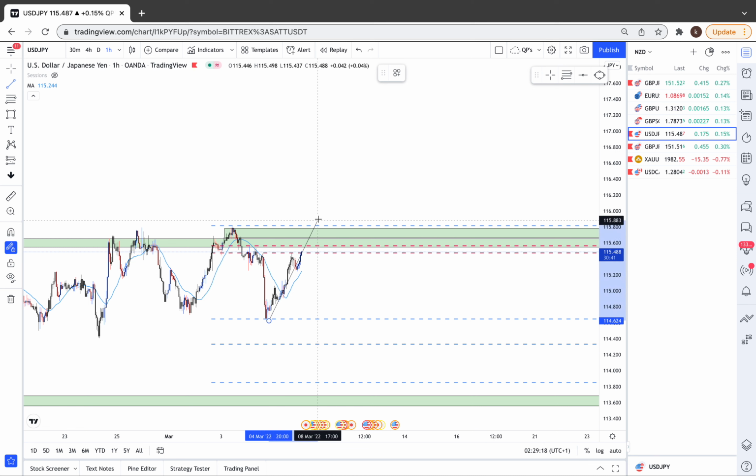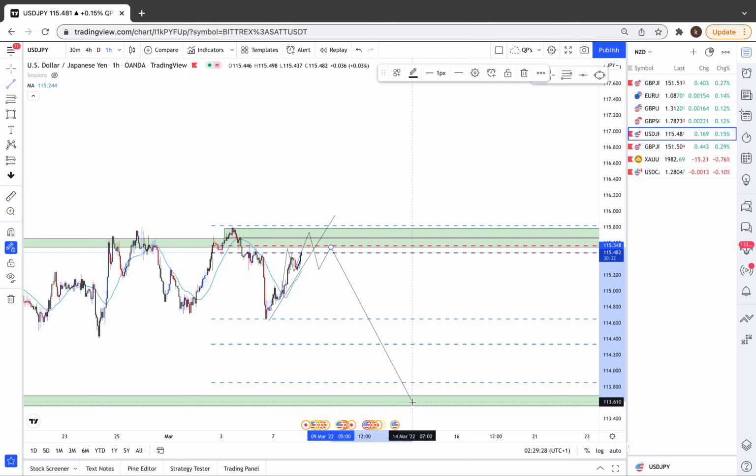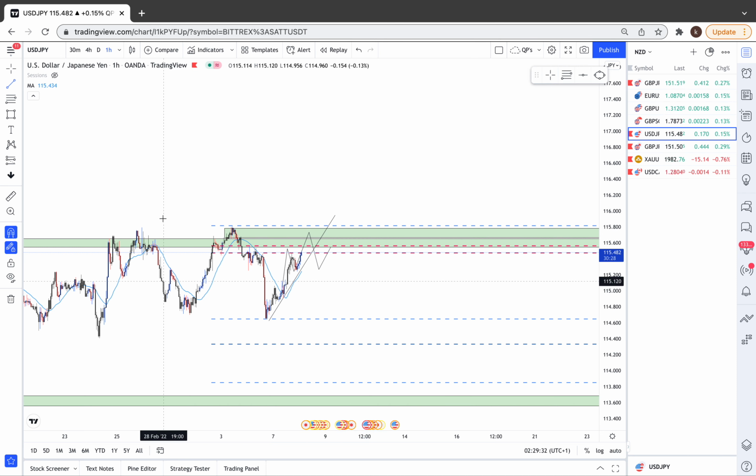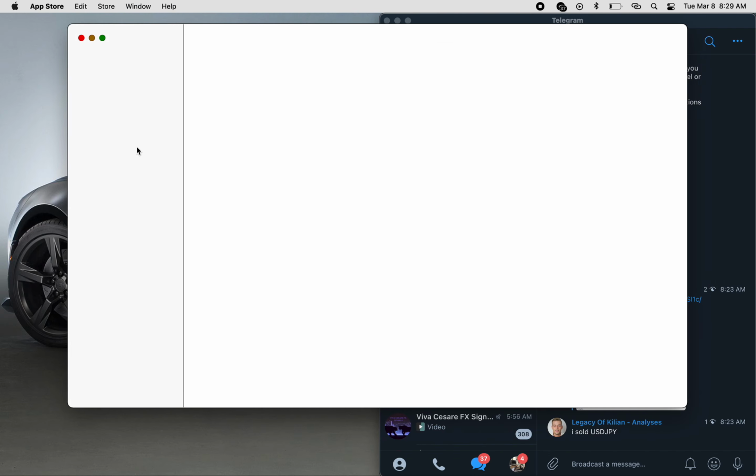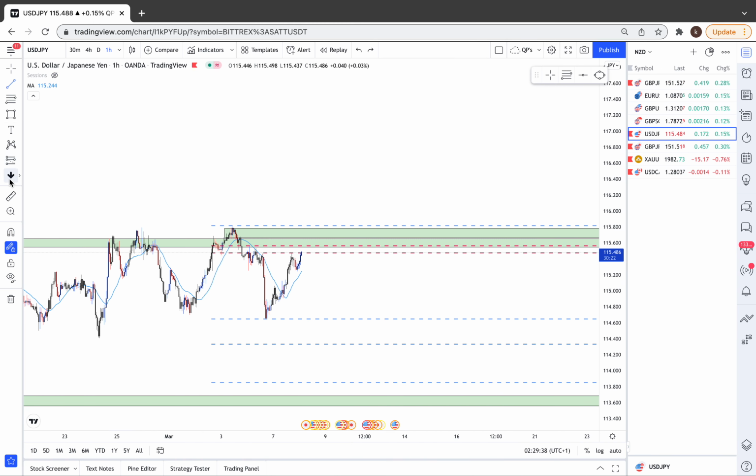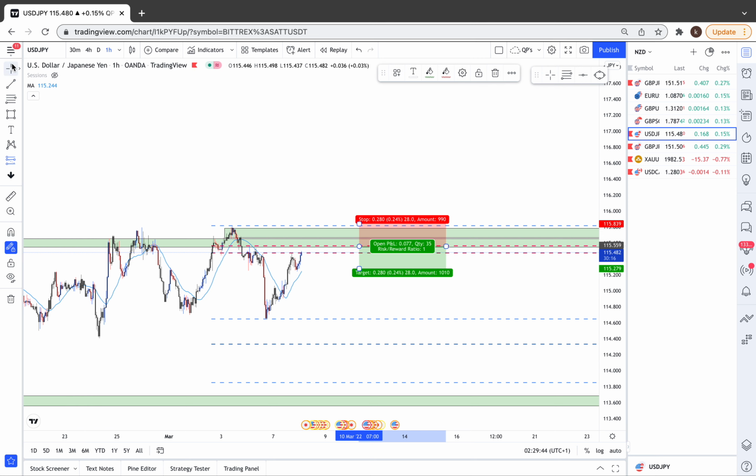We can now draw a trend line, and if it breaks like that, then we can enter somewhere here and go all the way down. My strategy is to enter on the 71 and the 78. So if I go short right now, I see it going to the 78 at least. There we go.